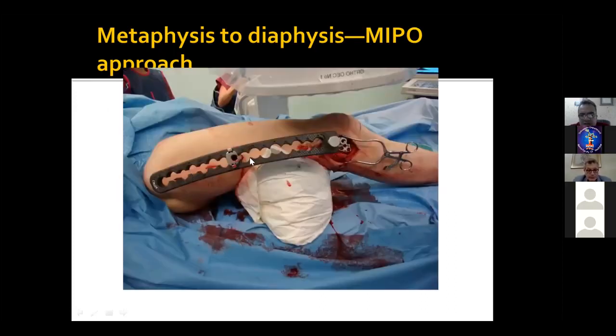This is the LISS plate. It was designed to use as a MIPO device to fix the distal femoral fractures, and has a special jig to allow introduction of the screws into the locked holes. However, this was not very popular, even in Egypt or even outside Egypt.